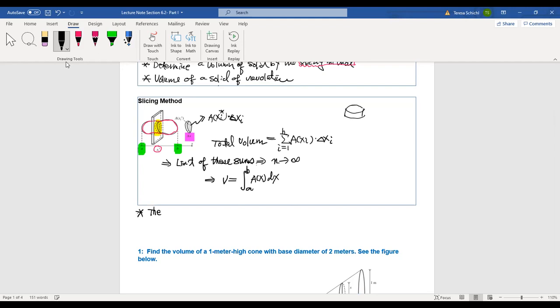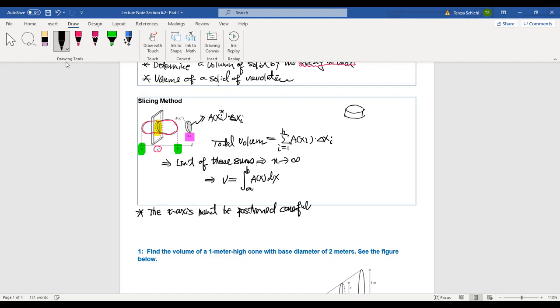When you do that, I would recommend you put the things into a coordinate plane. Here, the x-axis must be positioned carefully.